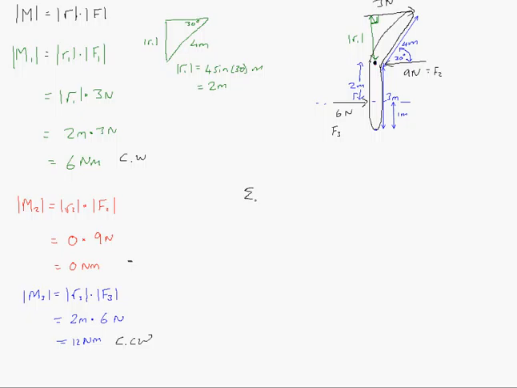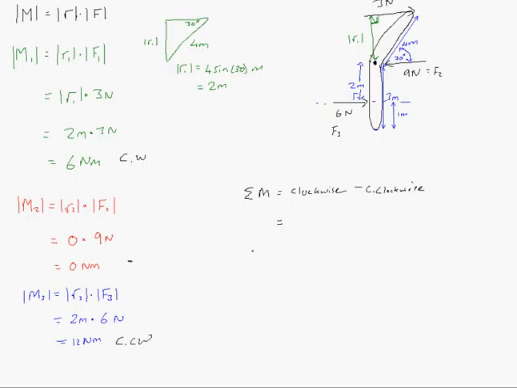The sum of our moments is going to be equal to, depending on which way we want it, we could go clockwise subtracted from counterclockwise. Don't mind my handwriting, but hopefully this will make sense to you.